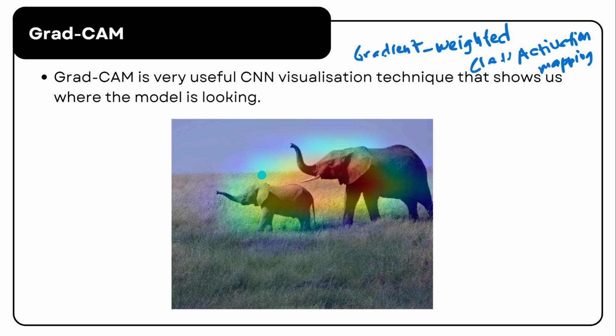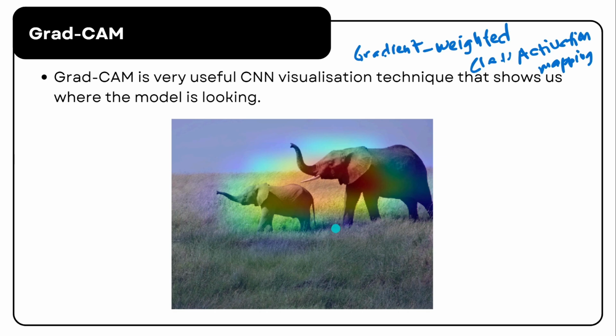It helps us understand which parts of the image are contributing most to the model's prediction. It works by using gradients flowing into the final convolutional layer to produce the heat map, like the one you see here. The highlighted regions indicate the areas that were most influential in the model's decision for a particular class.